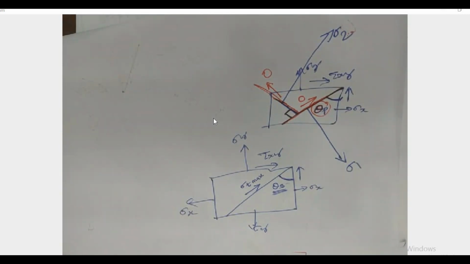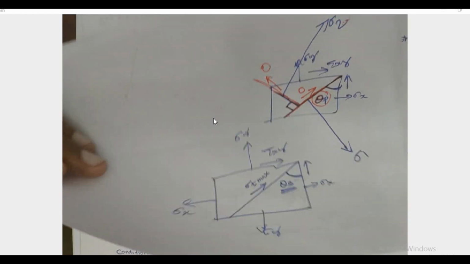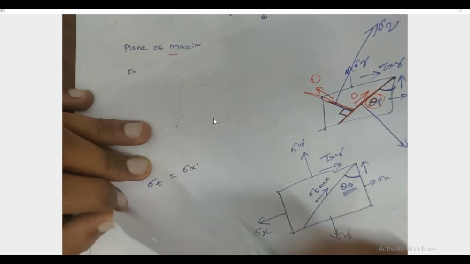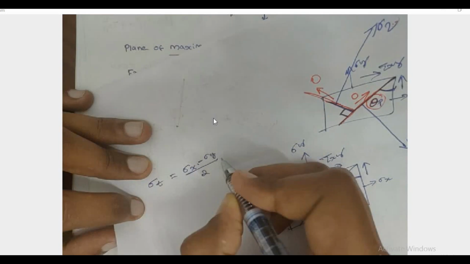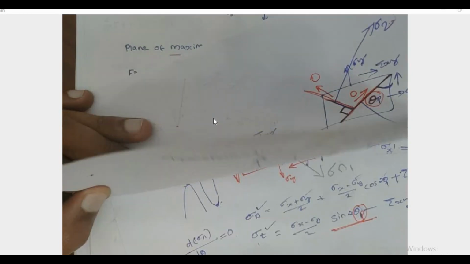First we need to find the position of this plane, the plane which contains maximum shear stress. We can use the same procedure because we know the sigma t equation. Sigma t is equal to (sigma x minus sigma y) by 2 into sin 2 theta minus tau xy into cos 2 theta.